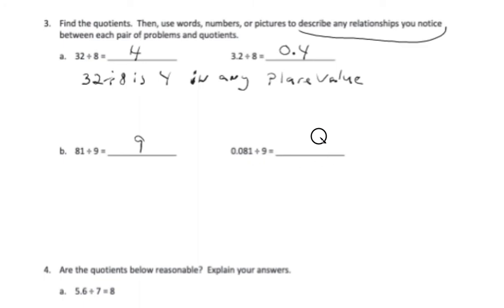That's still going to be 9. It's just going to be 9 thousandths, isn't it? So it will be thousandths. Again, 81 divided by 9 is equal to 9 in any place value, right?